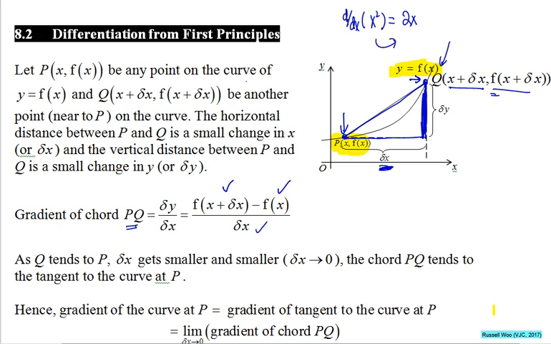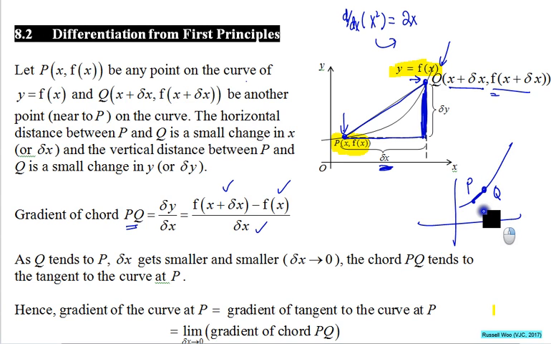Now is the important concept. If I move Q closer and closer and closer to P, the gradient of the chord PQ, imagine, let me draw this out. Now I have PQ, I have this gradient. If I move Q here, I have this gradient.